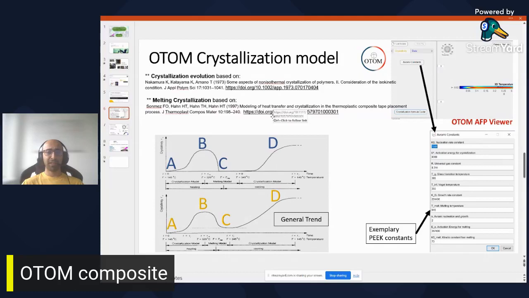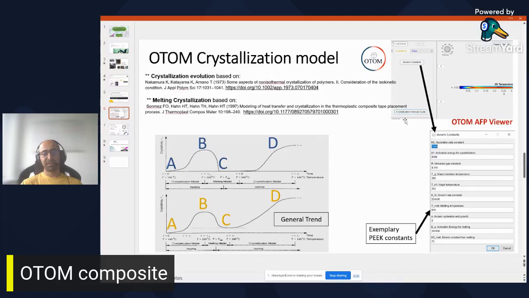If you are interested to have a look at the literature, this is the reference. You could have a look at the formulations in this literature, also for the evolution of crystallization or melting.